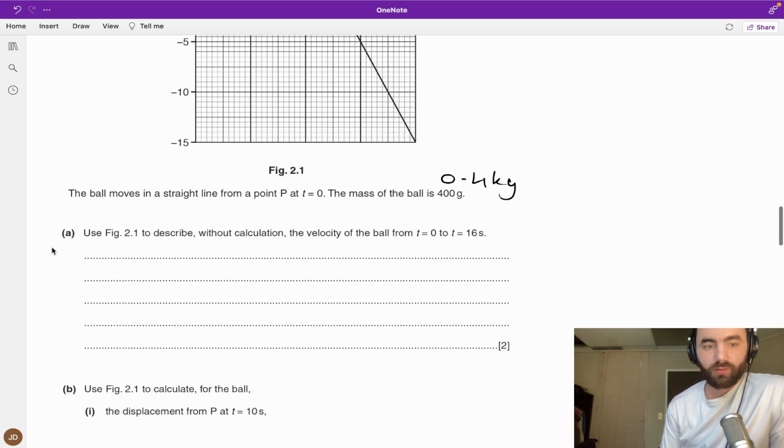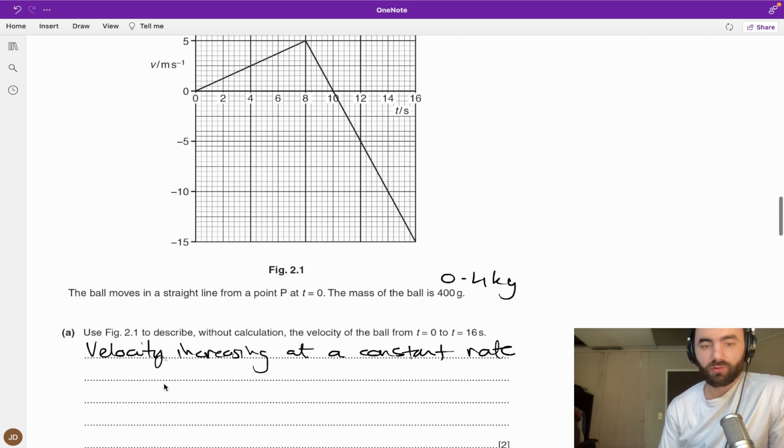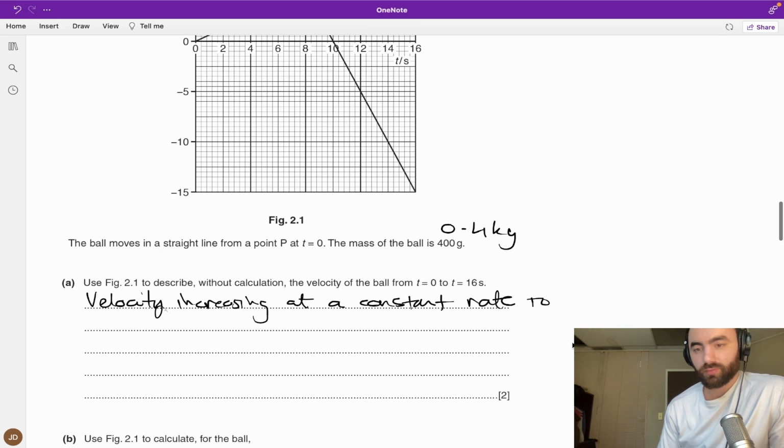Velocity is increasing at a constant rate to t equals 5 seconds.